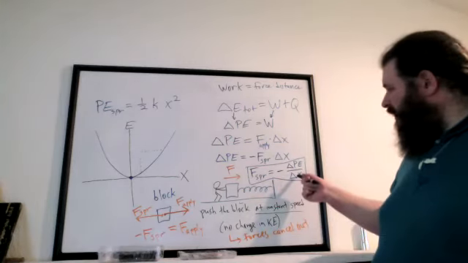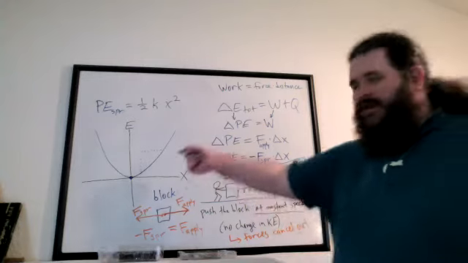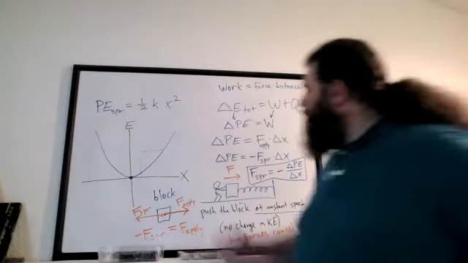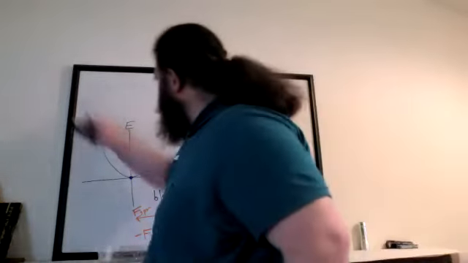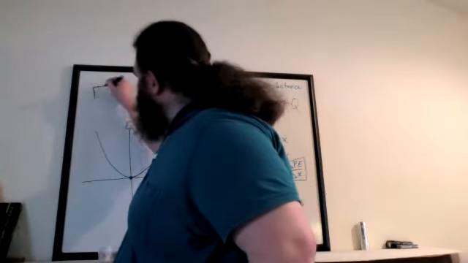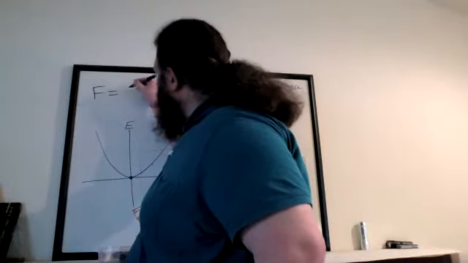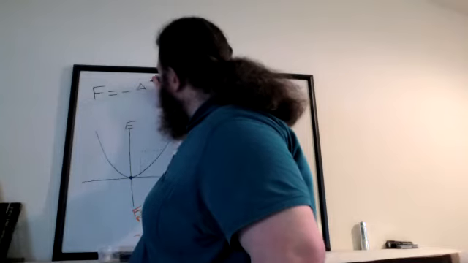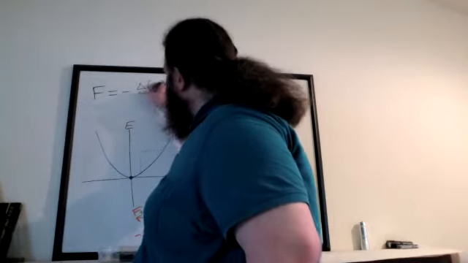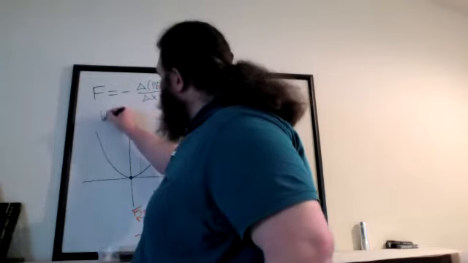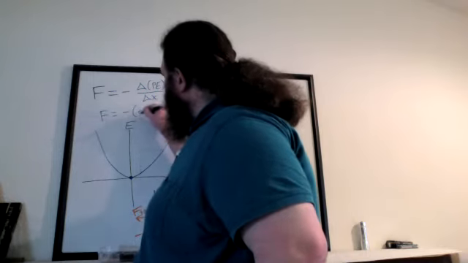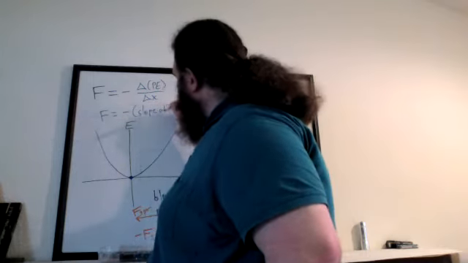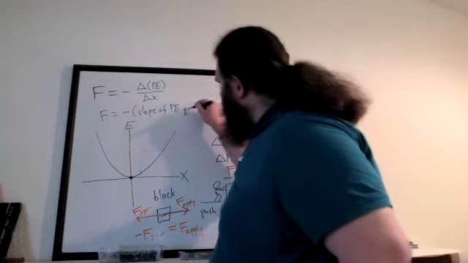Yeah. This ratio is the slope of the potential energy graph. A force associated with a potential energy is negative delta PE over delta X. In other words, negative slope of potential energy graph.